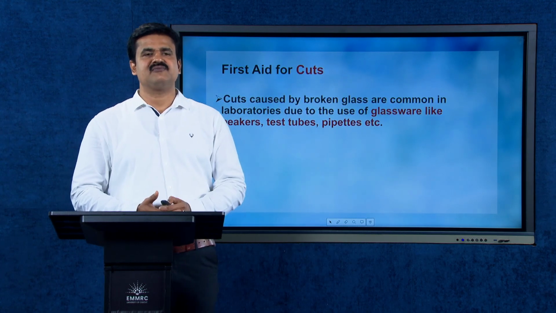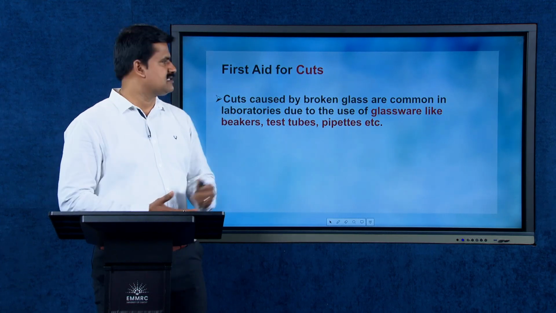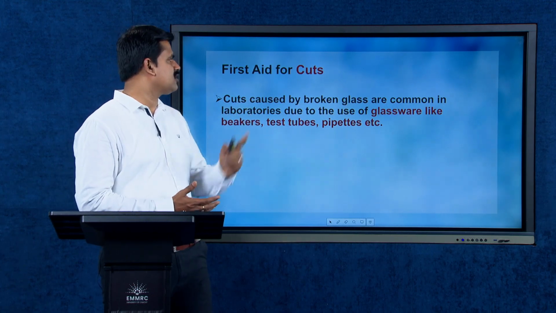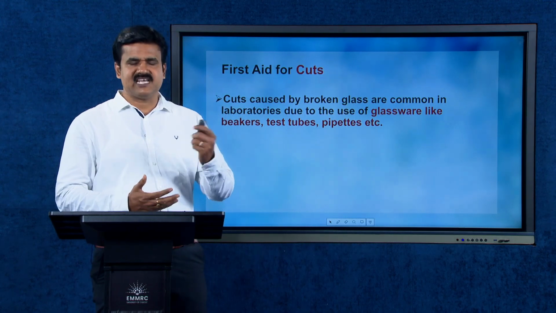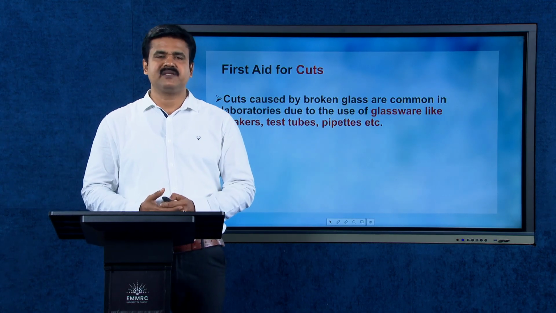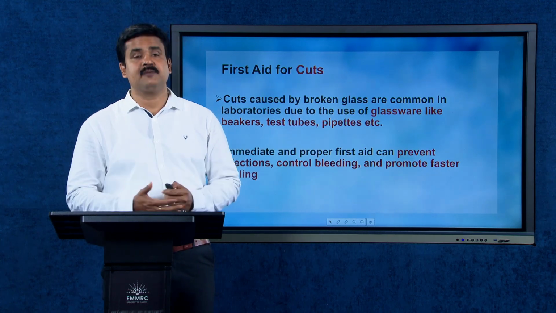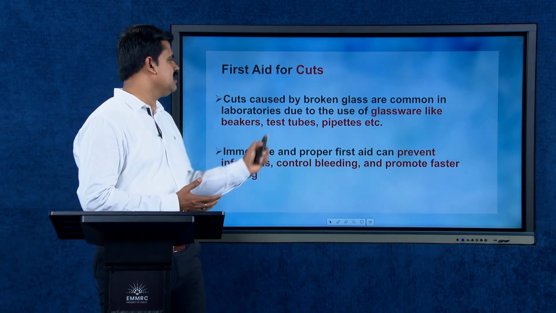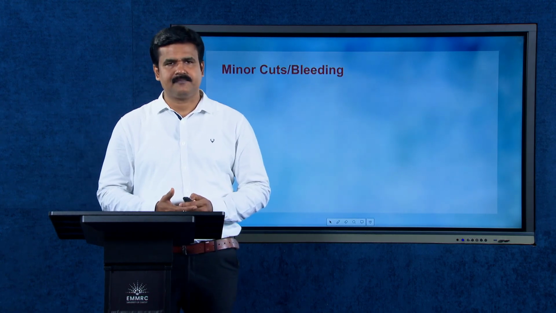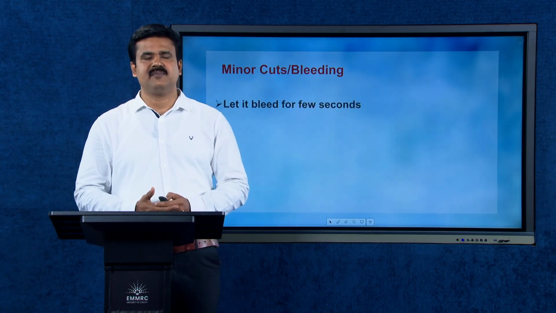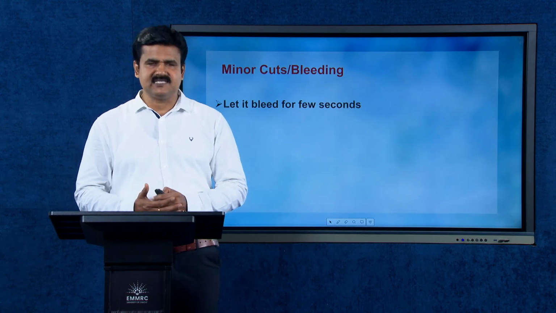Now we are discussing first aid for cuts. Cuts caused by broken glass are common in laboratories due to the usage of glassware like beakers, test tubes, pipettes, etc. Immediate and proper first aid can prevent infections, control bleeding, and promote faster healing. For minor cuts and bleeding, adopt the following procedures.